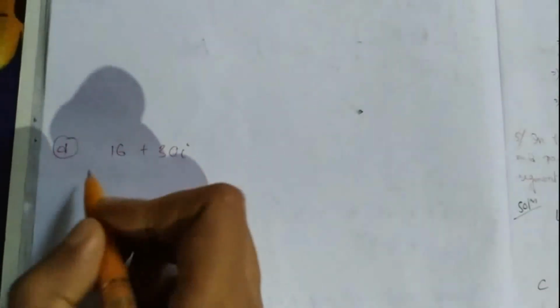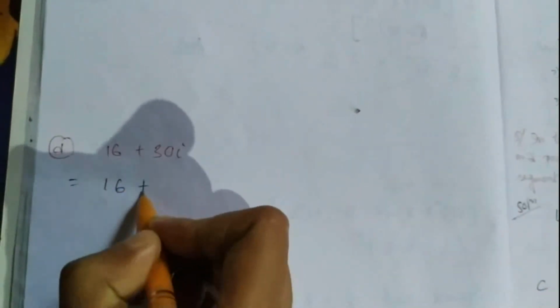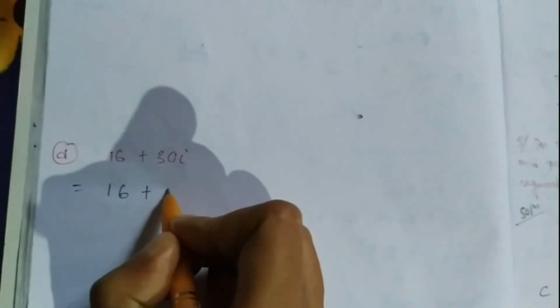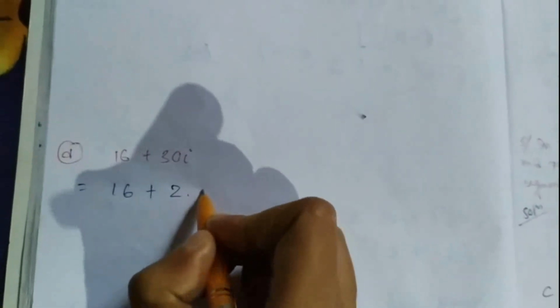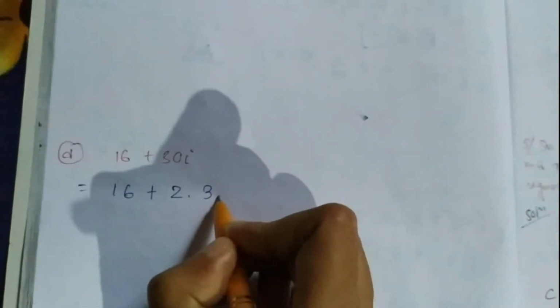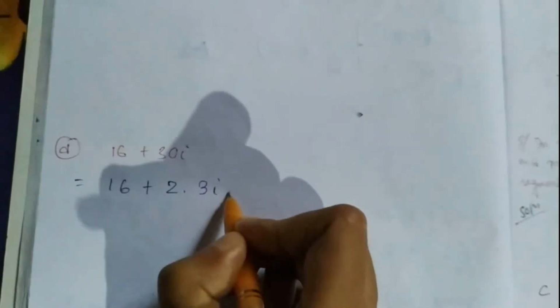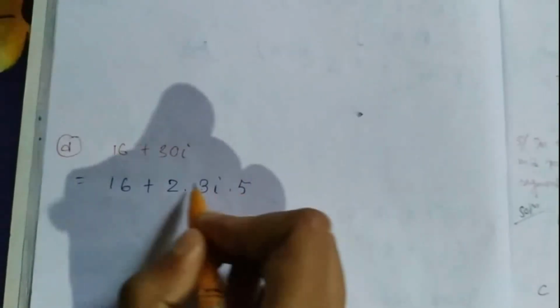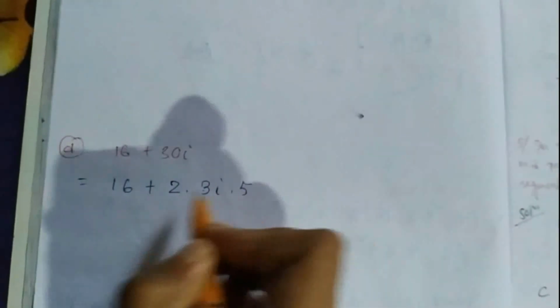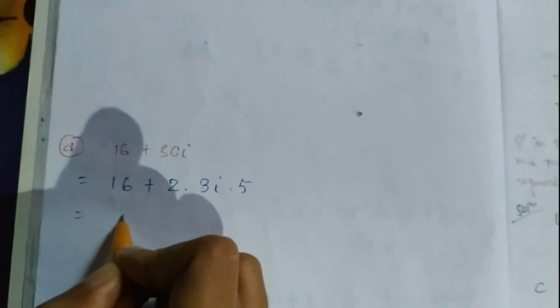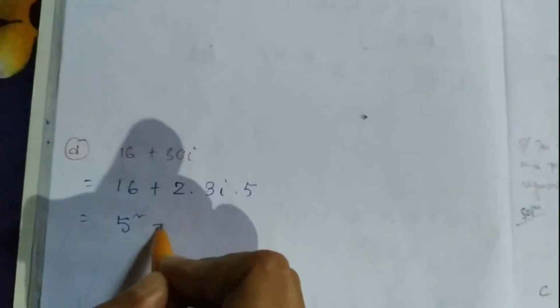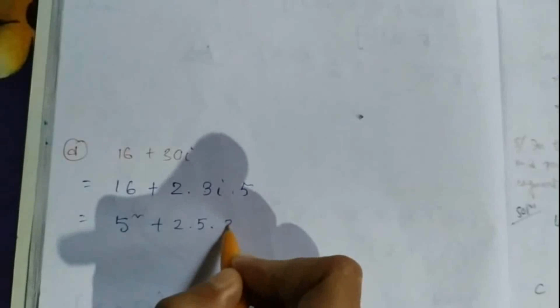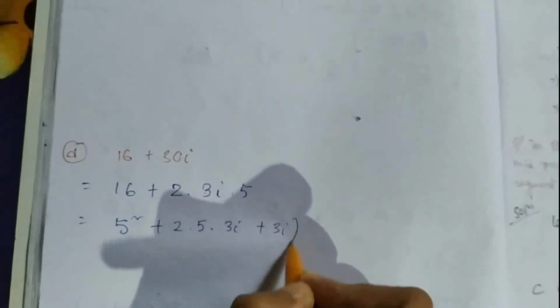16 plus 30i. So write it as 16 plus 2 into 3i suppose and 5. 3 times 5 is 15, 15 times 2 is 30i. Now I will write it as 5 square plus 2 into 5 into 3i plus (3i) whole square.